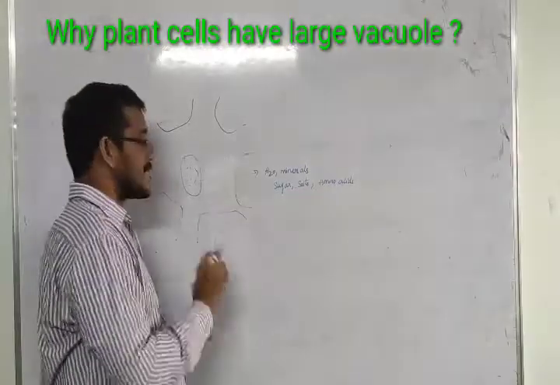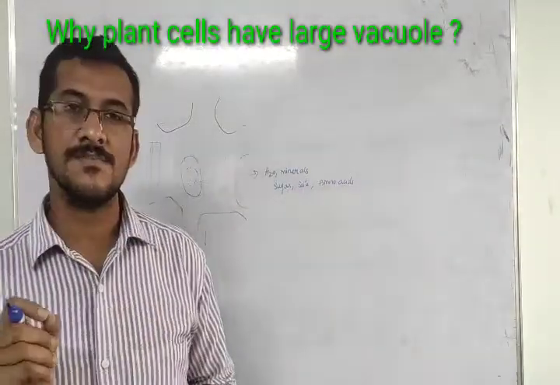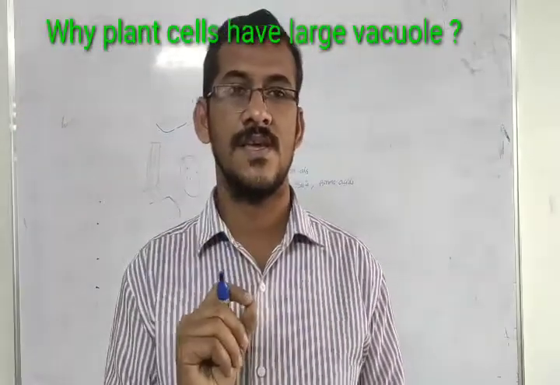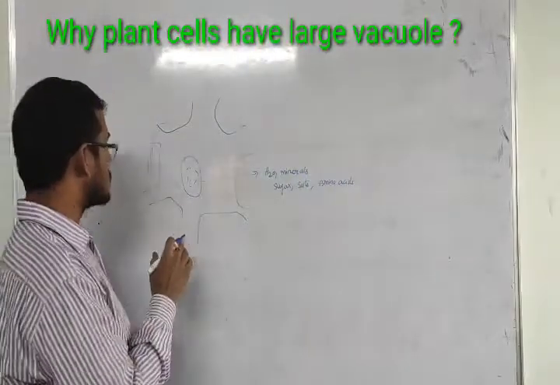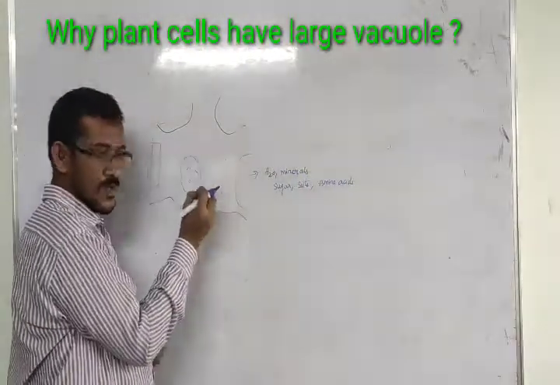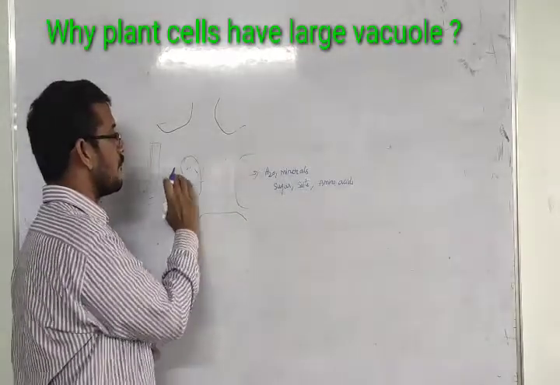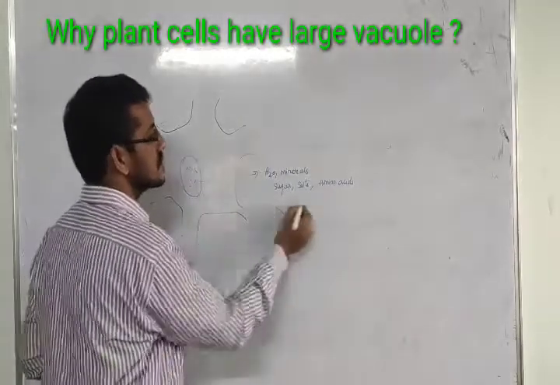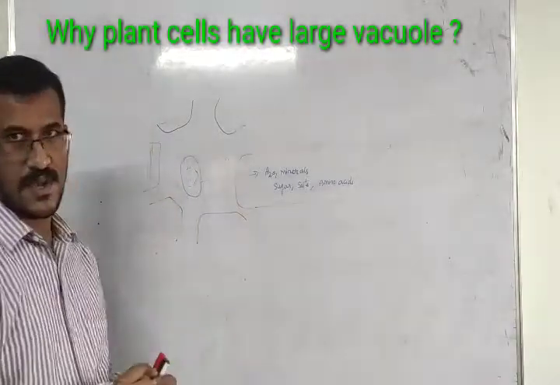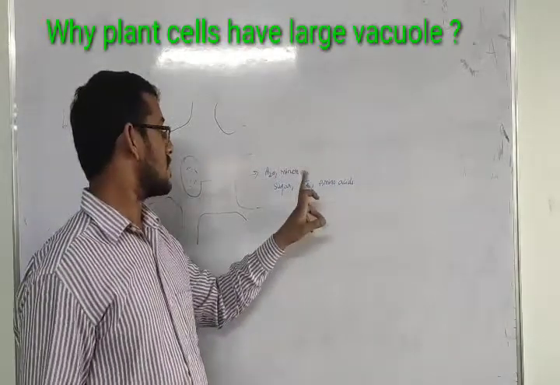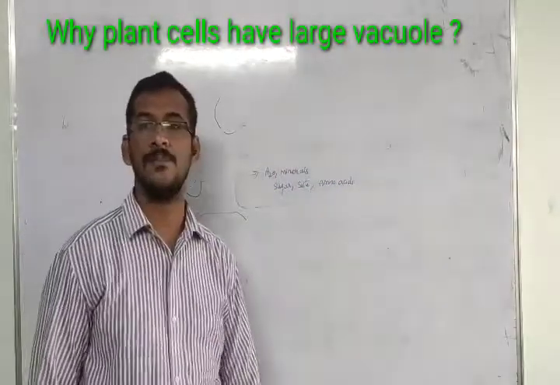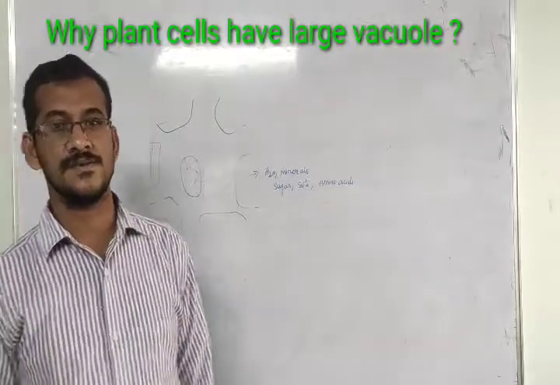So in animal cells, vacuoles are more in number and they are small in size. But in plant cells, all the small vacuoles are fused to form a bigger one, because to store all these items. Understood? So it will store water, minerals, sugar, salts and amino acids. So that is the reason.